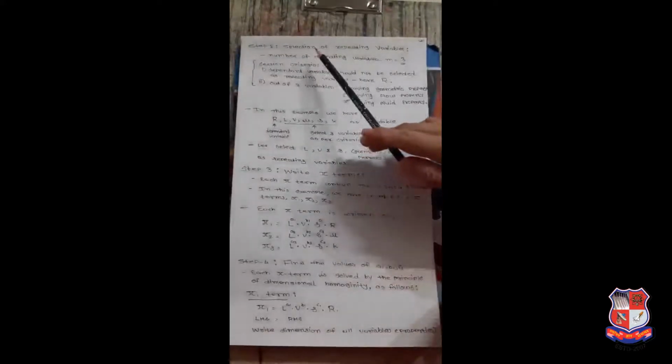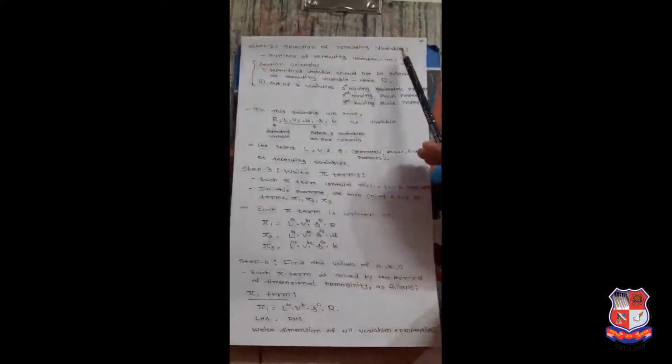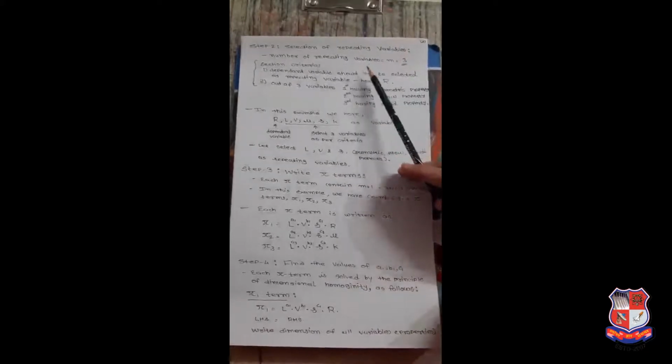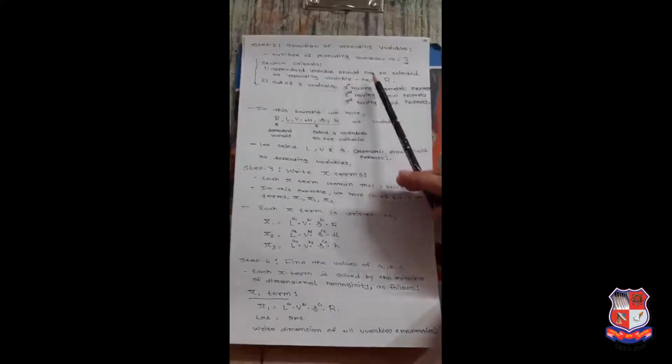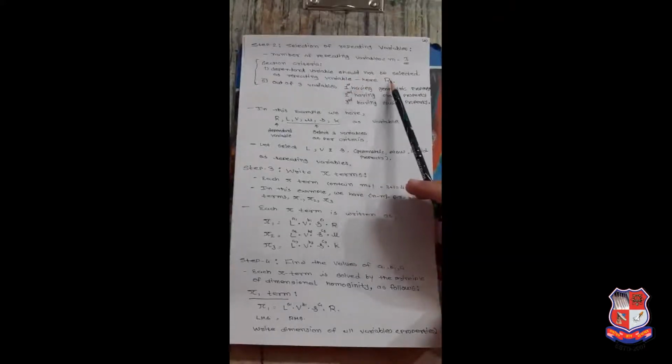Step 2. Selection of repeating variables. So number of repeating variables is equal to number of fundamental dimensions, which is equal to 3. The selection criteria is, dependent variable should not be selected as repeating variable. Here R is the dependent variable, so it should not be selected as a repeating variable.